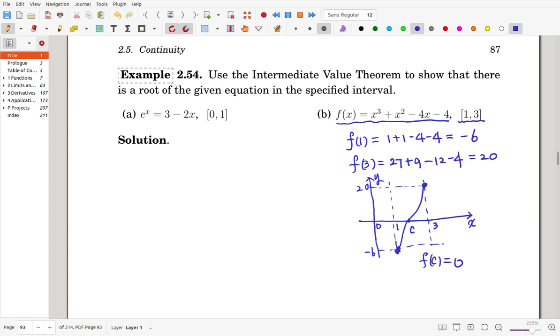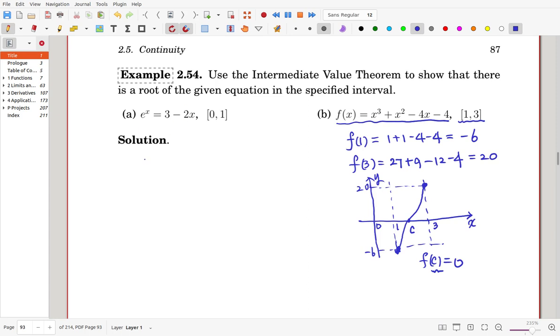Somewhere the value must be 0, and the somewhere is C. So we can prove in this way there is a root of the given function in the specified interval.